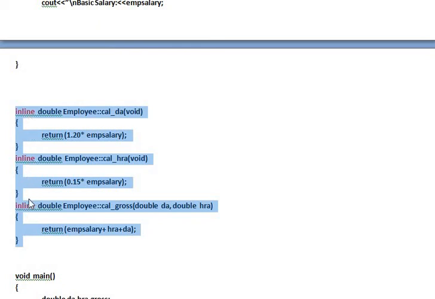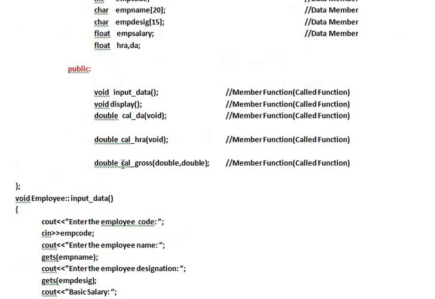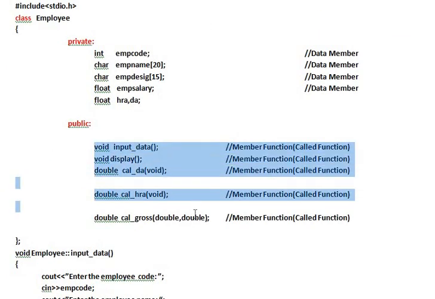But even if you do not specify this keyword inline explicitly, these member functions cal da, cal hra, and cal gross will still be treated as inline, because by default whatever member functions are present inside a class shall be treated as inline.